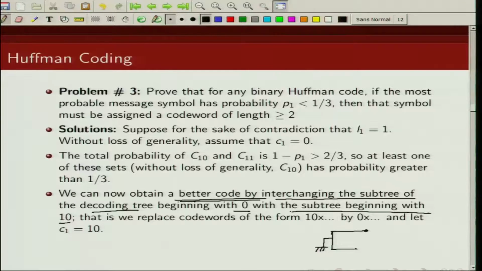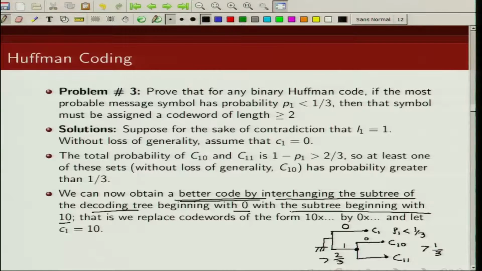We are saying this is the most likely symbol which has been assigned a code word of length 1, and it has probability P1 less than 1/3. But we just now found out that this particular node should have probability greater than 2/3. In other words, either C10 or C11 should have probability greater than 1/3.